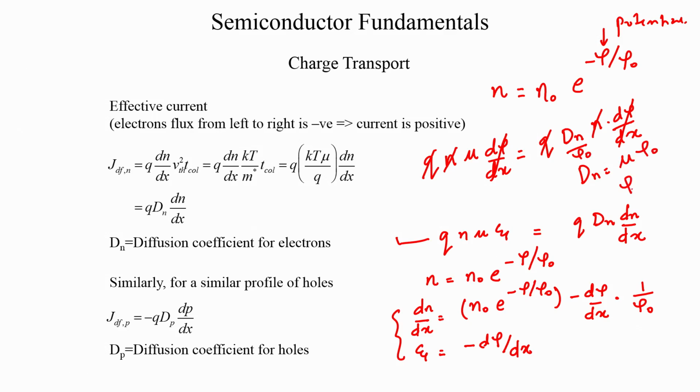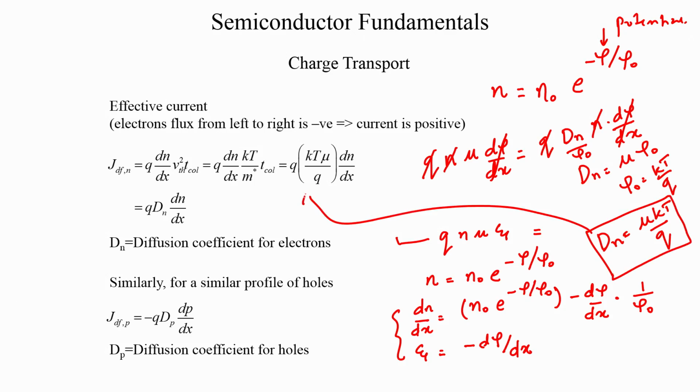Now, if phi naught is a thermal voltage which is kT by q, you will end up with your D being mu kT by q, which is your Einstein's relation. So, that is the way this relation comes about. Okay.